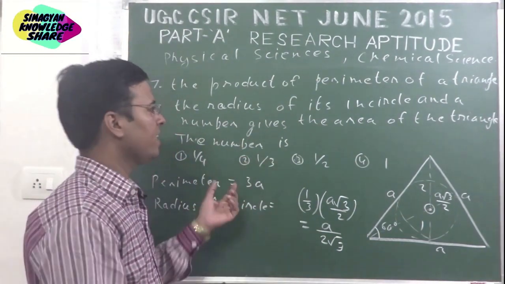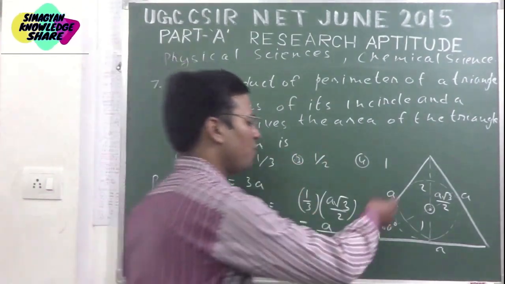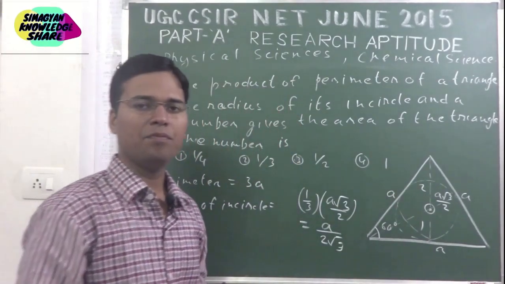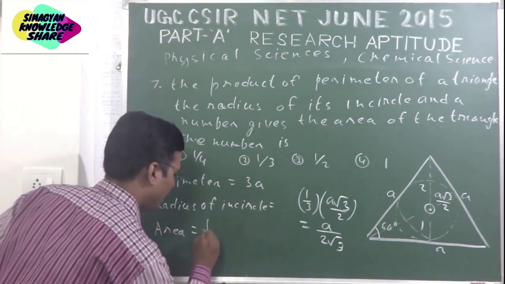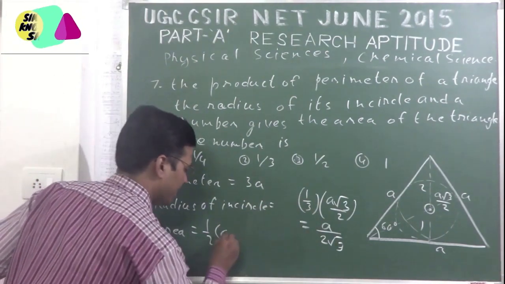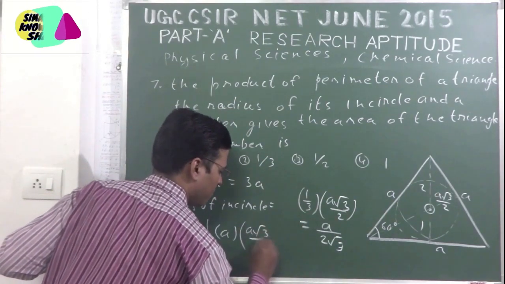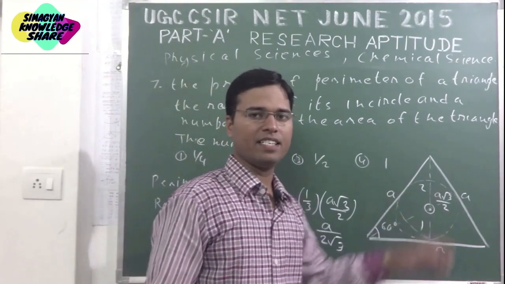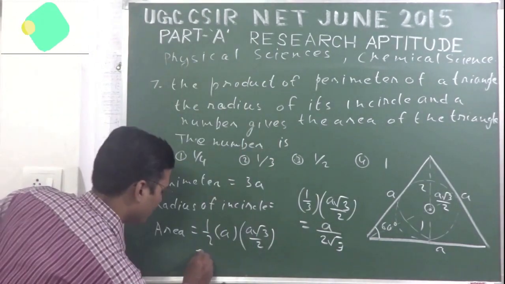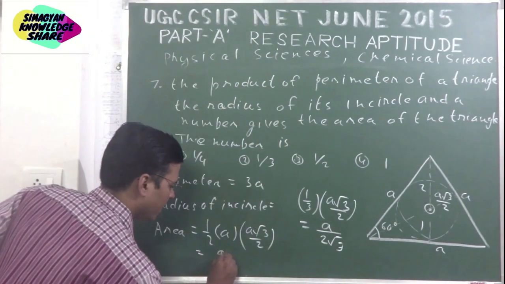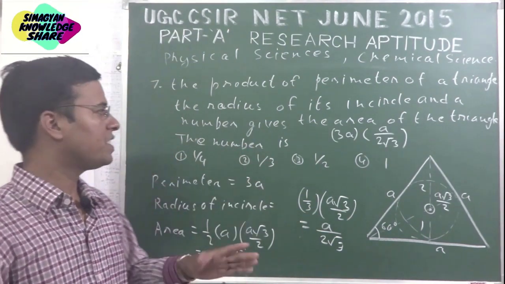The third term is the number which gives the area of the triangle. The area of a triangle is half multiplied by base into height. The area you can get by half multiplied by base, that is a, multiplied by height, that is a root 3 by 2, the length of this median which intersects the base perpendicularly. So the area would be a square root 3 by 4. There is some number which is unknown.